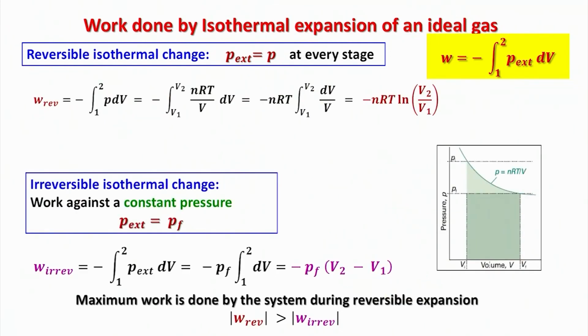So let me conclude this lecture by saying that we have seen that the first law of thermodynamics has introduced us to the concept of internal energy, and the change in internal energy during a change in state is caused by either exchange of heat or work between the system and the surrounding.